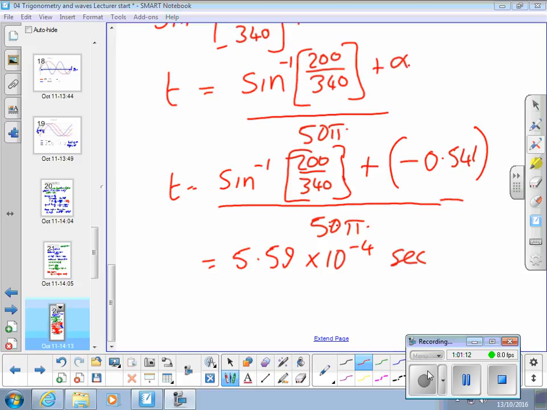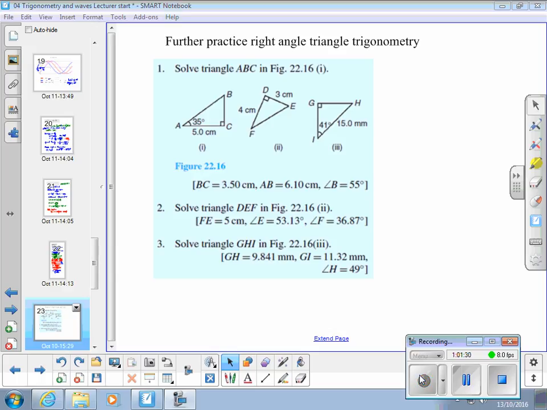Think what Mr. Bird gets? He gets 7.447 milliseconds.